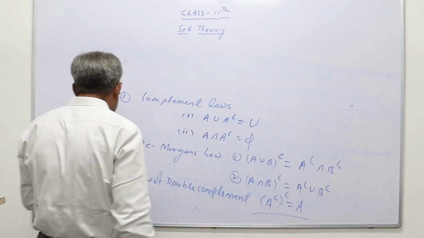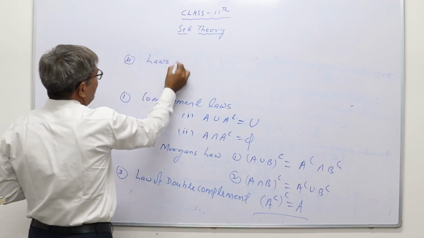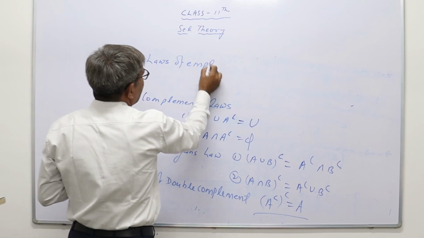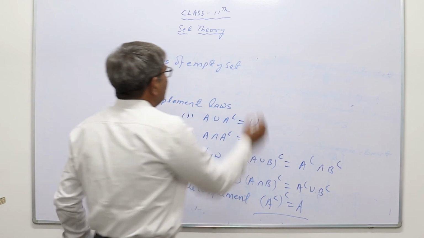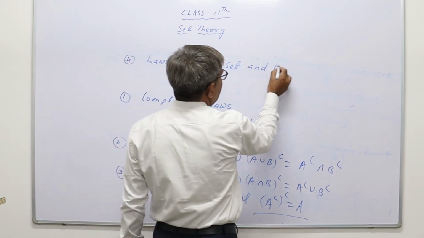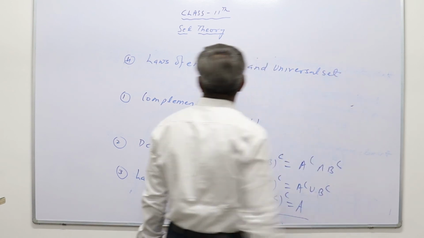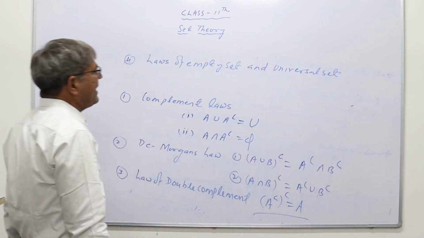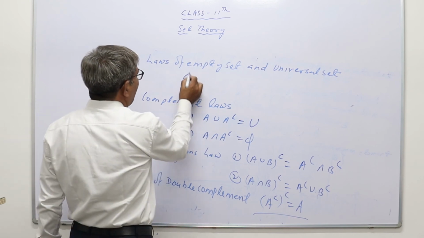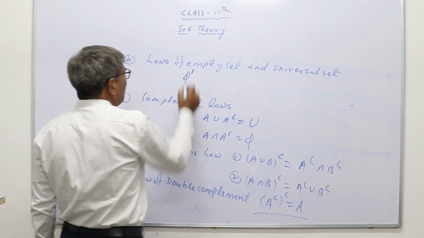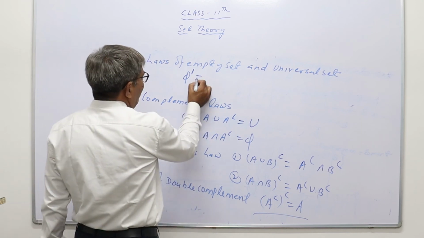Now next, the fourth property, laws of empty set and universal set. So what are the laws of empty set and universal set? If we have to find the complement of phi, what will be the complement of phi?